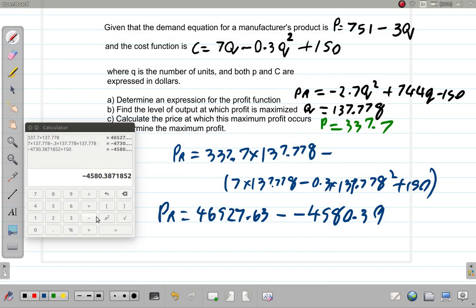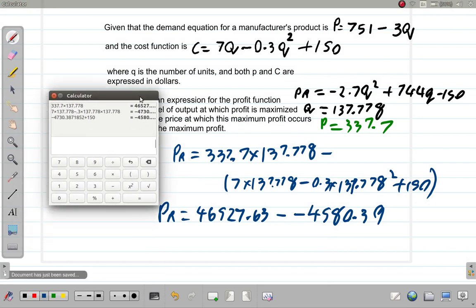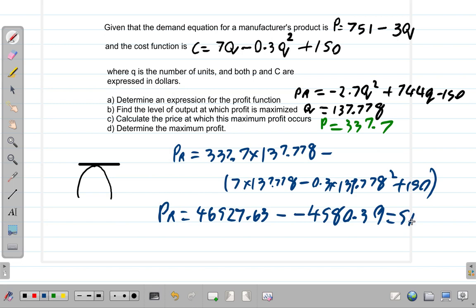So when you do the calculation, you have 46,527.63 plus 4580.39 equals $51,108.02.